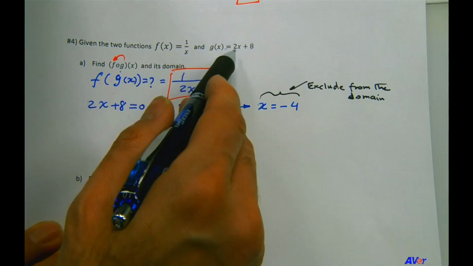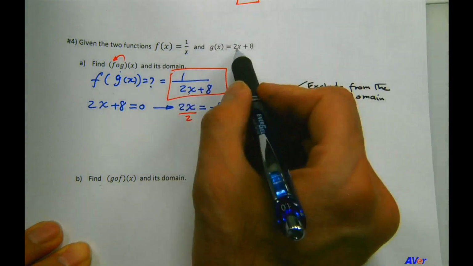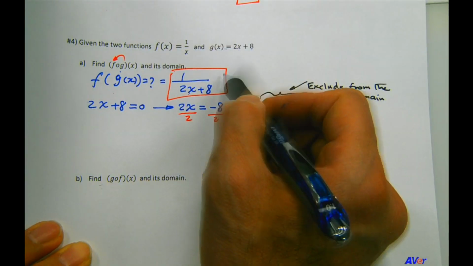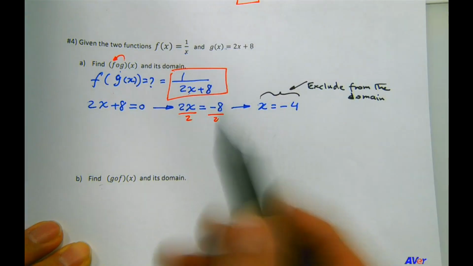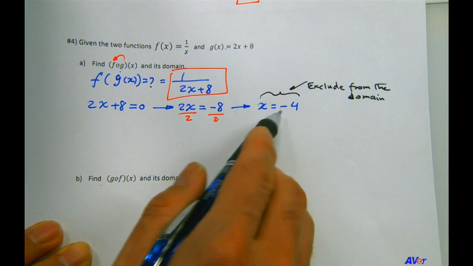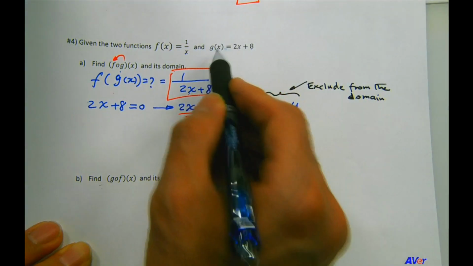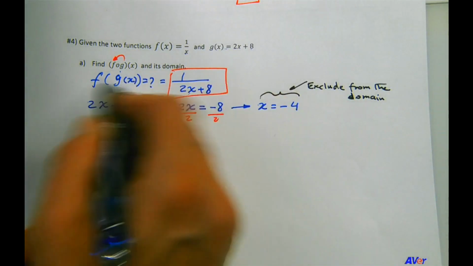So let's look at g. The domain of g is everything, negative infinity to infinity. There's no restriction on x here, so we're okay. The only number that we need to exclude would be negative 4. There is no number that we need to exclude because of function g, because that was the function that was replaced inside f.